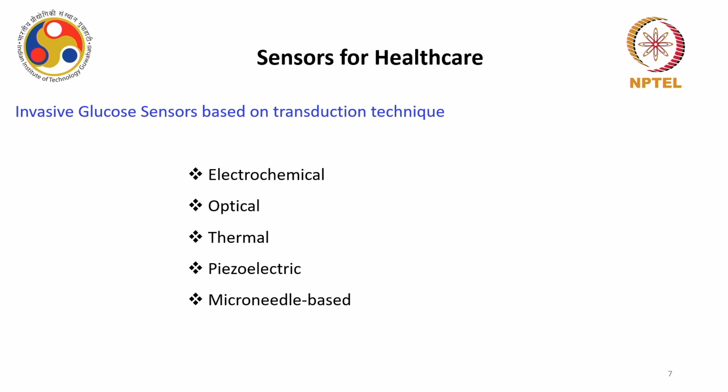Optical, although it is a non-invasive glucose monitor, we are discussing under invasive glucose sensors right now, because you can have a sample of blood and also monitor it through spectroscopy techniques.